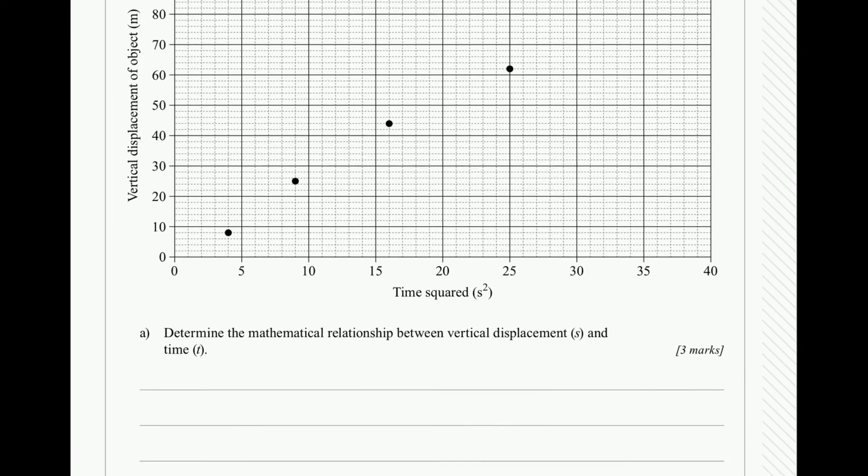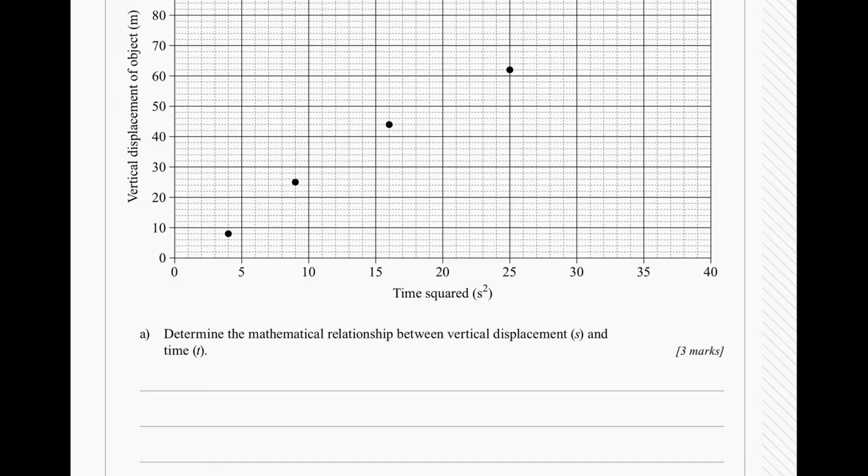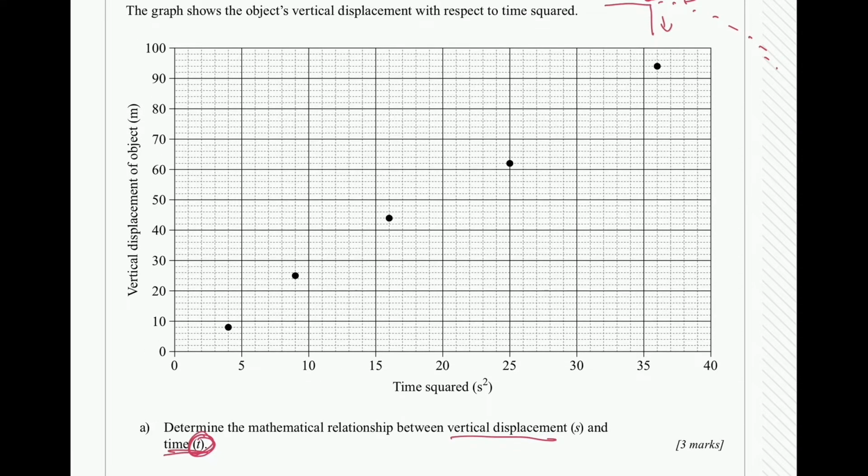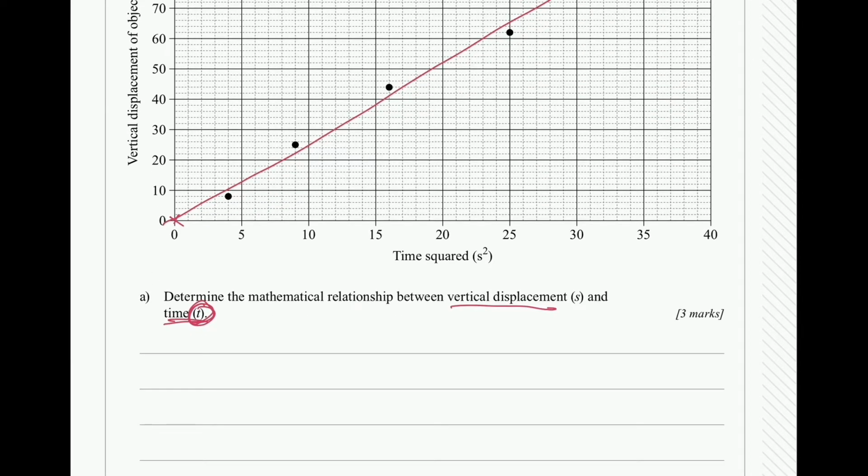All right. So determine the mathematical relationship between the vertical displacement and time. So they want specifically time, not time squared. So let's have a look at our graph. Firstly, I think it is going to be a linear relationship. So that's probably going to be an important thing I state in my solution. Linear relationship. And what do we know about a linear relationship?